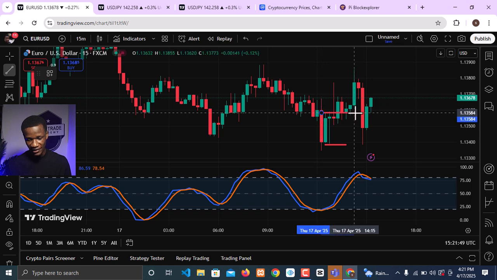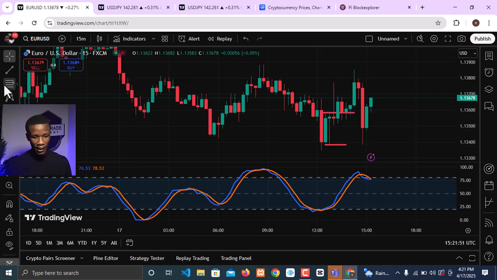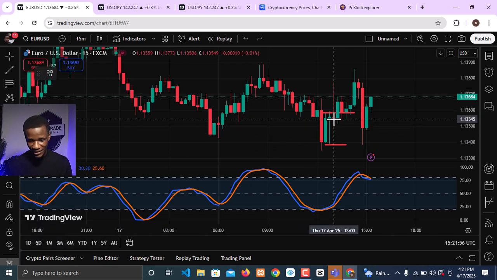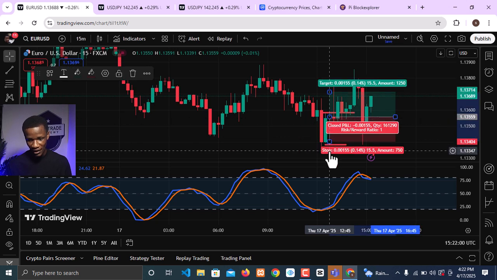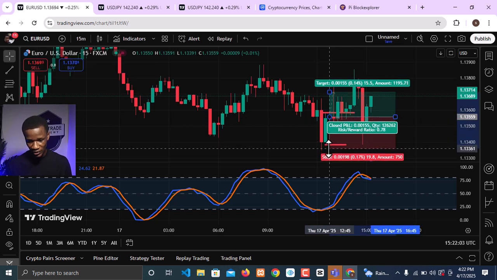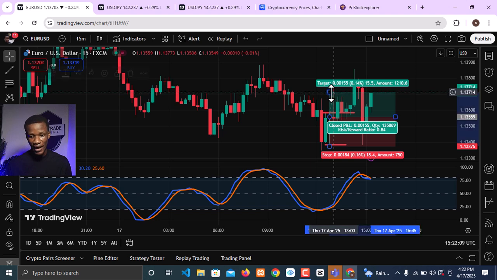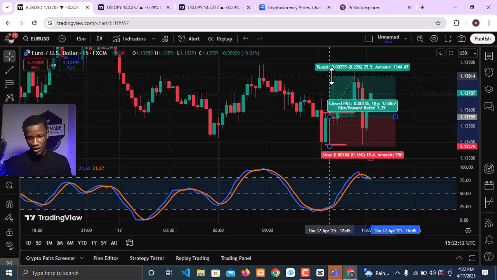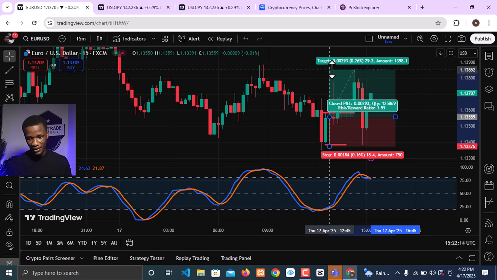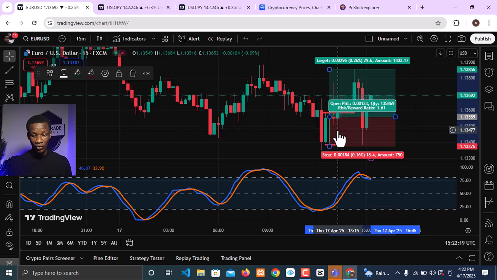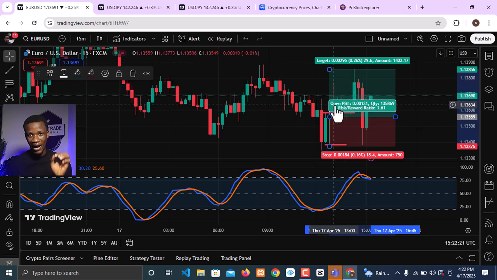Then we take our buy position, which is our long position right here, and we place the trade at the close of this second candle right here, and then our stop loss is slightly below this point that we marked from this zone of support, and then we look for a 1 to 1.5 and 1 to 2 risk reward ratio. Discover that the market should hit our target with a 1 to 1.5 risk reward ratio from this area all the way to the upside for a buy position.